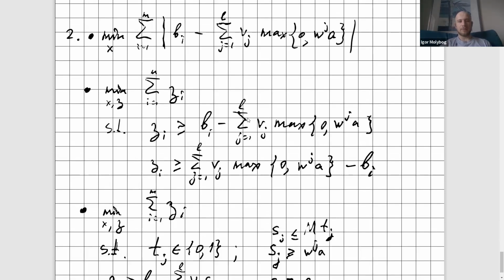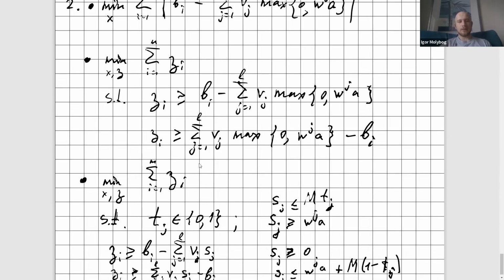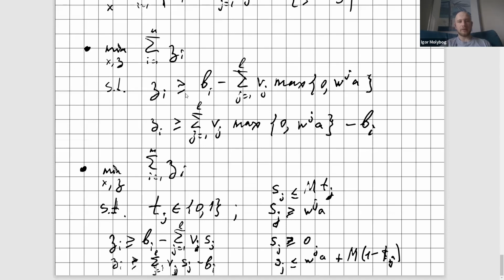So just by bluntly applying the same theorem, we are getting the following reformulation. Now we have zi greater than or equal than vi minus summation over j from 1 to l, vj maximum over 0 and wja. Even though the objective function is now linear, the constraints are not linear yet.